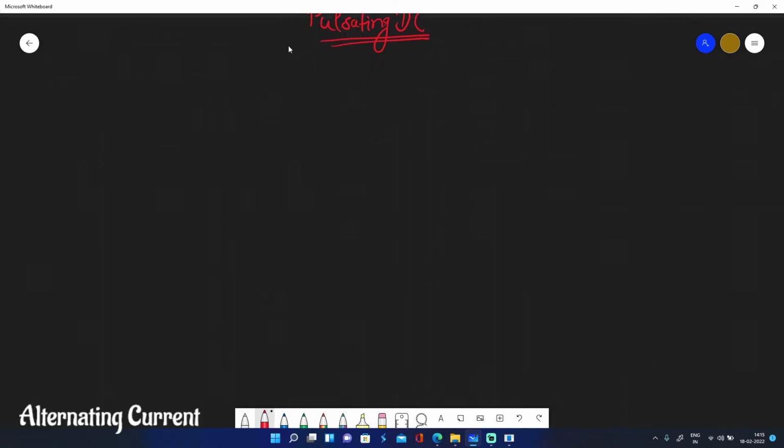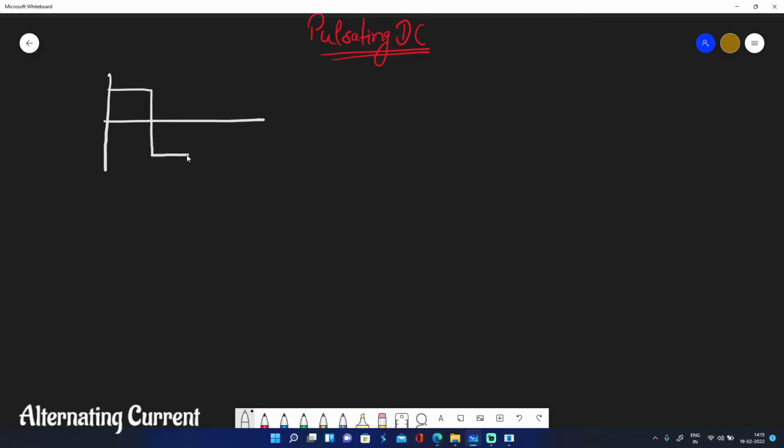If I take another example like this, suppose this is a wave. What will you say about this kind of waveform? This is going to infinity. Suppose this is a current, with plus Im and minus Im.